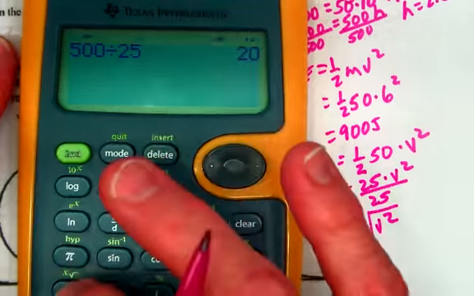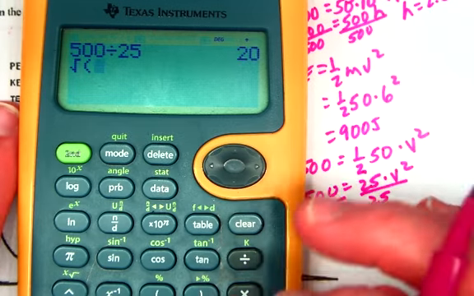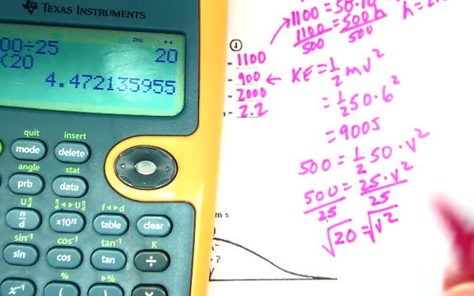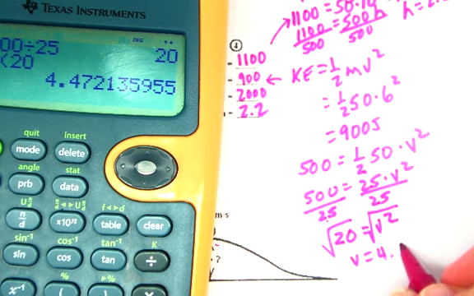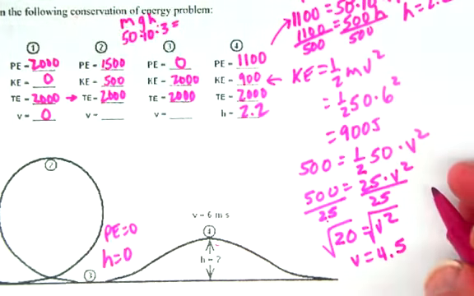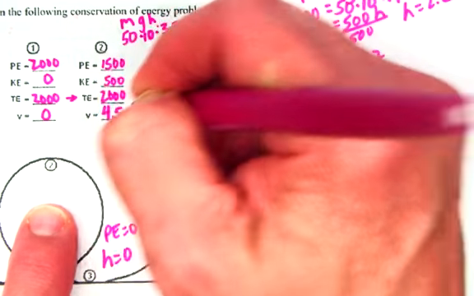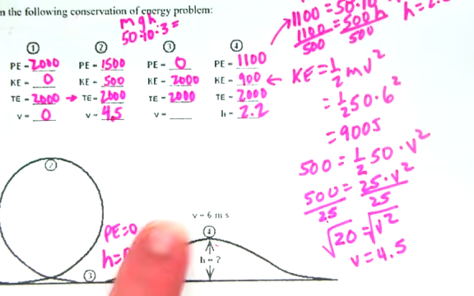Second function, square root of 20, and I get 4.47. So v equals 4.5 meters per second. So that's going to be my velocity when I have a kinetic energy of 500.